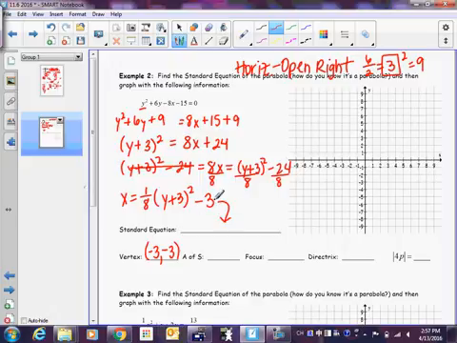Okay, with a horizontal, look at the outside number. Keep the sign the same. Then look at the number next to the y on the inside, change that sign. Okay, plot that point. That's your vertex. If this is horizontal and opening right, then we should be able to find the axis of symmetry pretty easily.